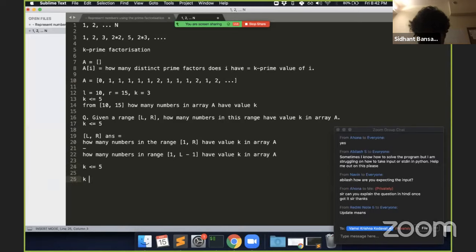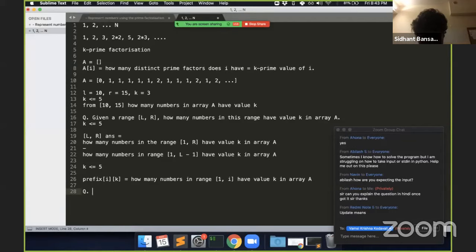So for each value k, you have a prefix array, where prefix[i][k] denotes how many numbers in range 1 to i have value k in array A. Let's say you have created this prefix array. Then answering is simple.